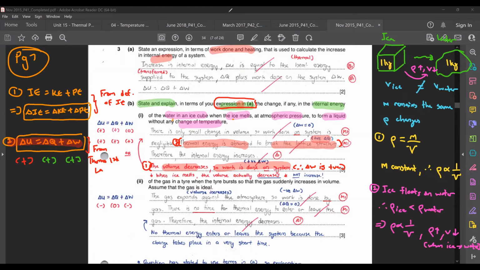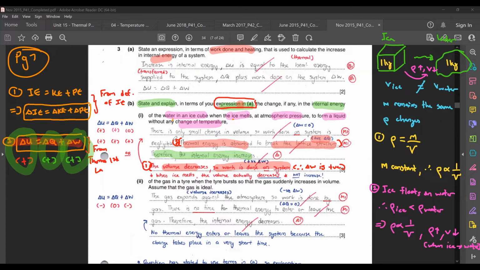So therefore, internal energy is increasing, isn't it? Right? So you are basically trying to single out what is the work done, what is the heat supply first. Only then can you determine what is the internal energy change. So your answer is supposed to focus on those two. All right. You need to say statement number one, you need to say statement number two.